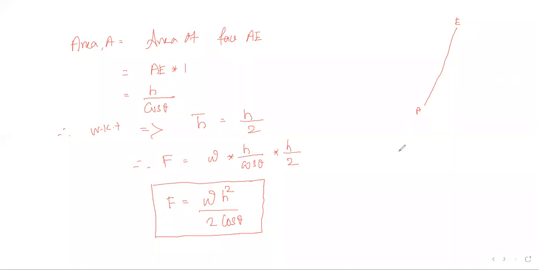So here I have to resolve this force into two directions. One is in the x direction, that is Fx, and another one is in the y direction, that is Fy.